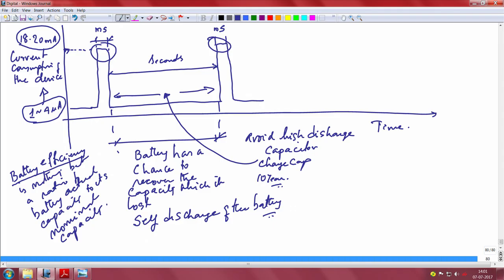So internal leakage is something that you have to avoid, as it cannot be avoided entirely. You have to buy a battery which has the least internal leakage, extremely low. I will write extremely low. So please look up all these specifications when you select your battery.